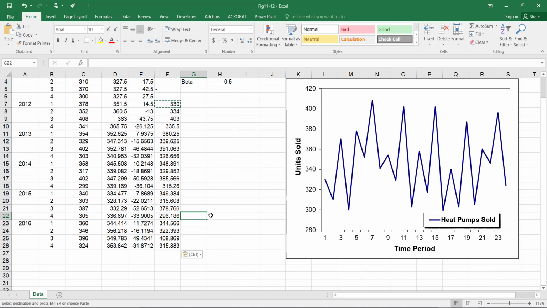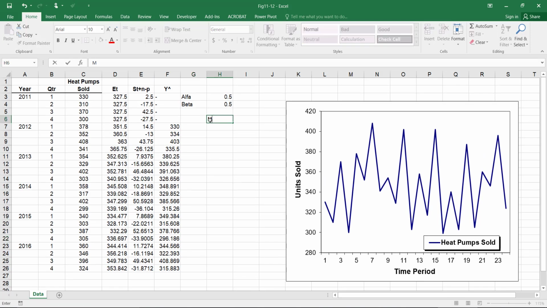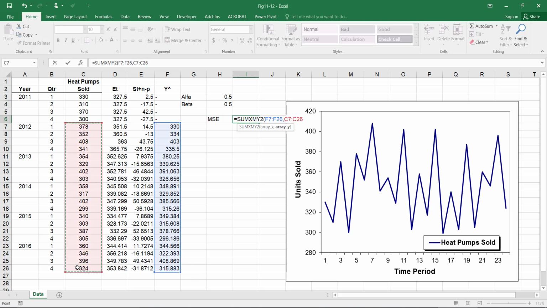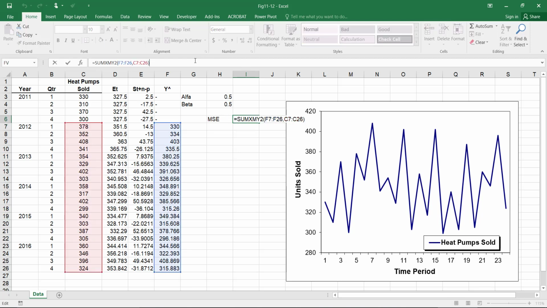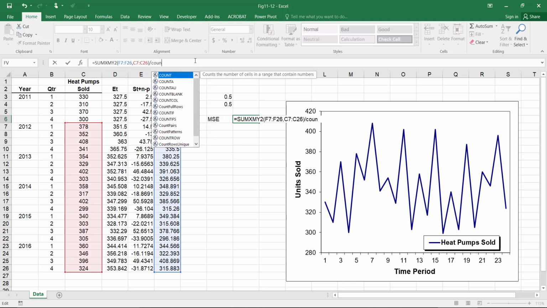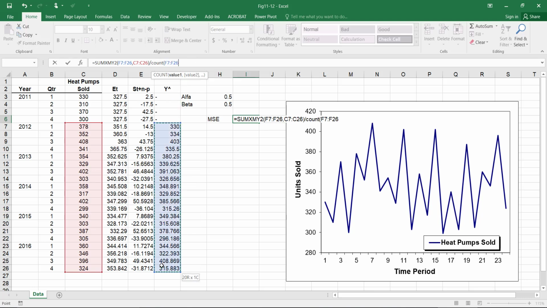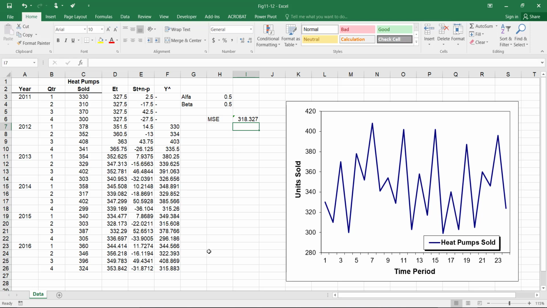Now let's get the MSE, which is the sum of the squares of the difference between the value that we forecasted and the value that we have already observed. So this provides this value. We can divide by the number of observations that we have, so to be exact, we can use the count function. So this is the value that we got for the MSE.